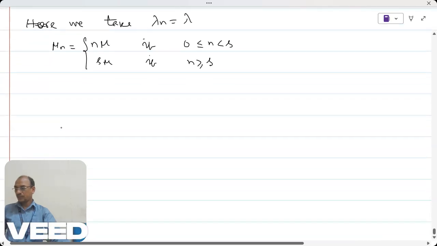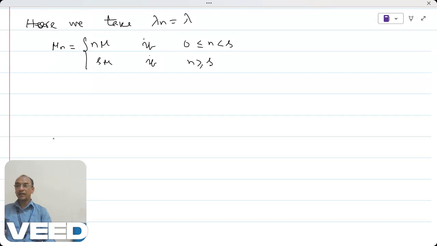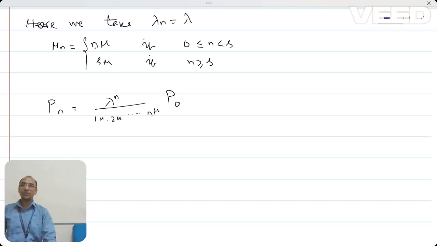Hence we can have two corresponding values of p0 and pn. In the previous model, Pn is lambda to the power n divided by mu1 mu2 mu3 and so on up to mu n, into p0. Here n equal to 1 means mu1, n equal to 2 means mu2, n equal to 3 means mu3.